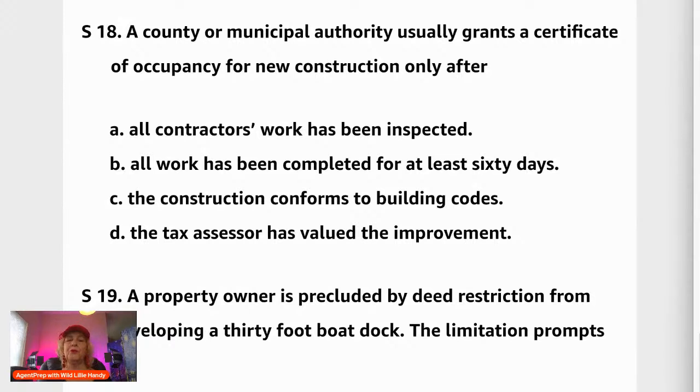A county or municipal authority usually grants a certificate of occupancy for new construction only after what? A, all contractors' work has been inspected. B, all work has been completed for at least 60 days. C, the construction conforms to building codes. Or D, the tax assessor has valued the improvement.